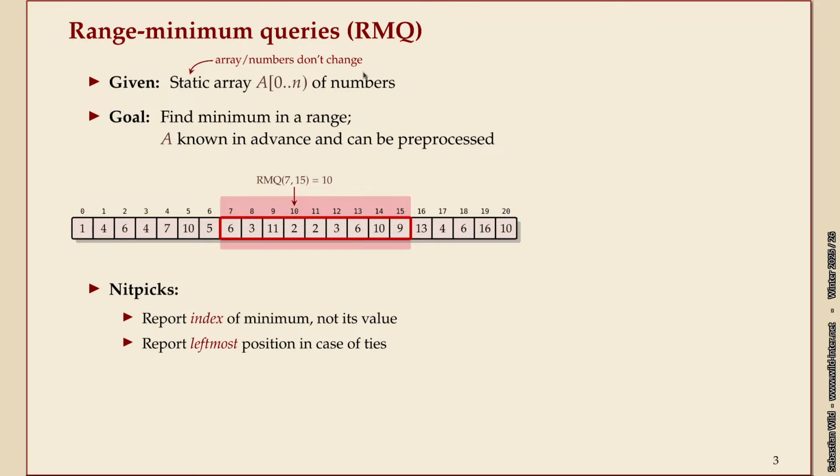Okay, you remember the RMQ problem? We have to take that off first. That's where we left off. This array problem: you pre-process an array into a data structure that allows you to answer queries about where in a certain range the minimum is. And it's important for the part to come that we just return the index where the minimum is and not the value, because that means we can do this without knowing the actual values.